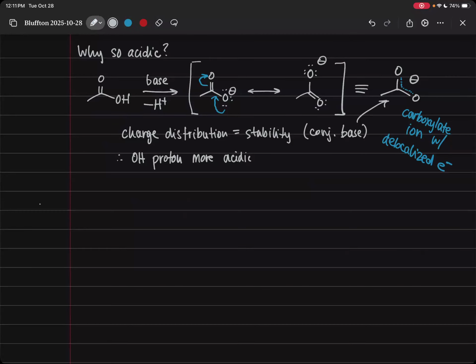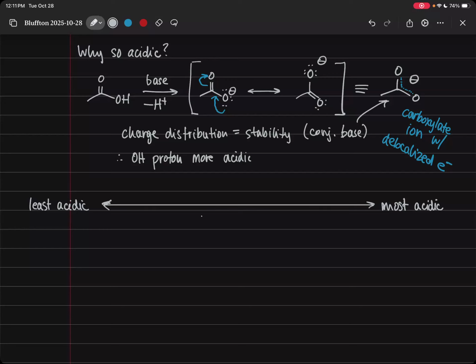Okay, speaking of acidity, I've told you that carboxylic acids are acidic, but how acidic?